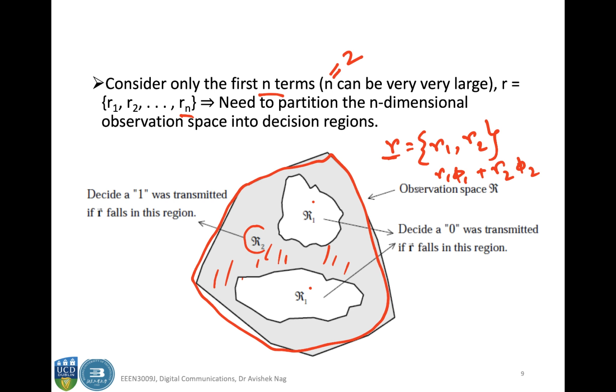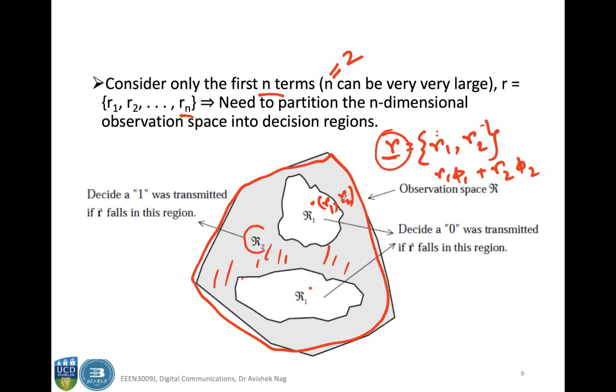So your R, which is your received signal, is represented by these two components. If you imagine that this space is a two-dimensional space, then any point in this space can be represented as R1 and R2, like the two coordinate values.